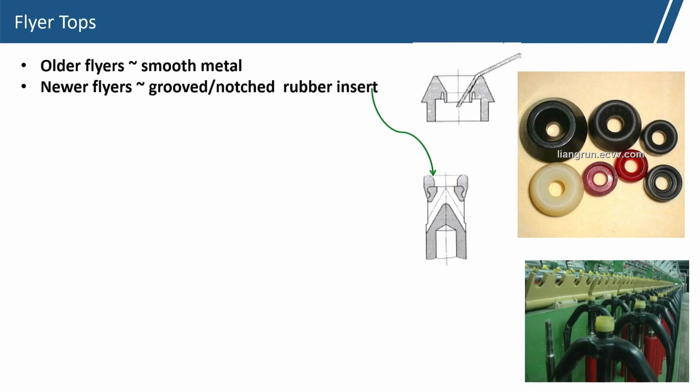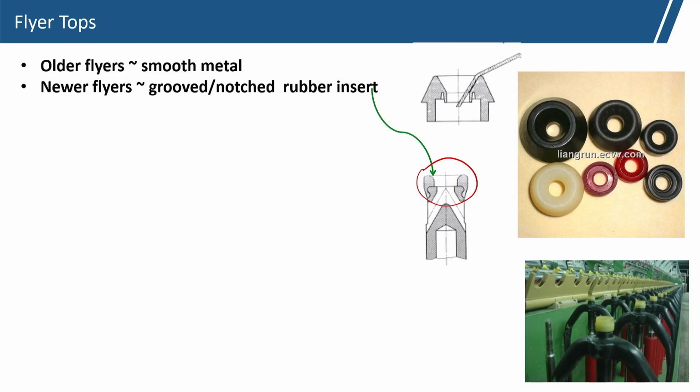Now, older flat tops are smooth metal, and newer flat tops are grooved or notched rubber inserts. This rubber grooved or notched top inserts the false twist, and false twist is advantageous because it reduces the fly generation.